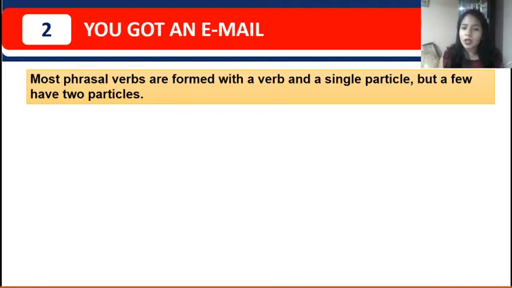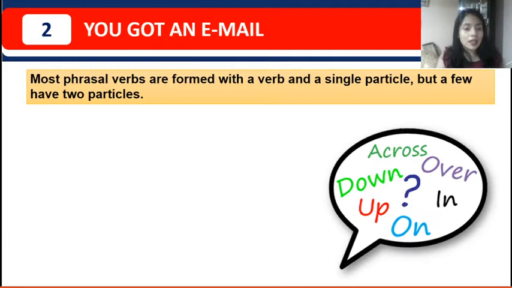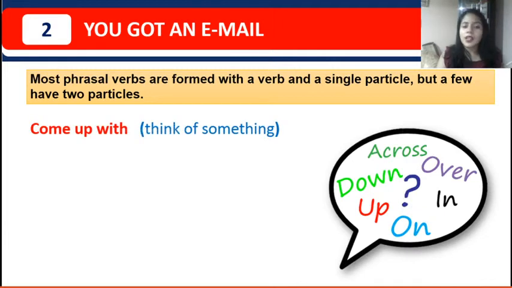The common ones are just the main verb and one particle, but there are some phrasals that can be one main verb and two particles, okay? So here I have an example. For example, come up with. What is the meaning of come up with? Is think of something, have an idea, okay? Come up with. That is the meaning here.